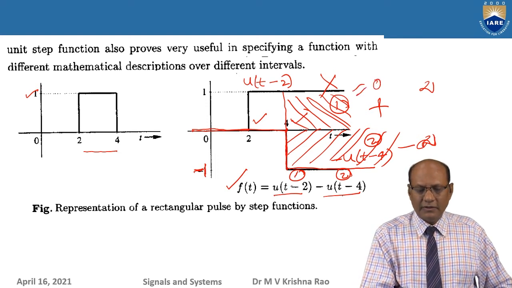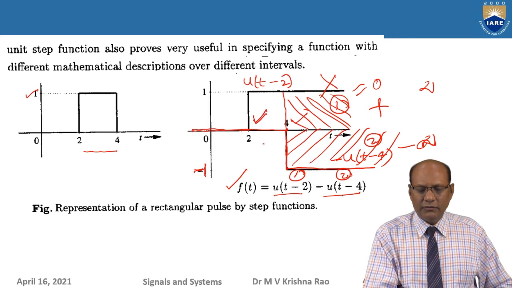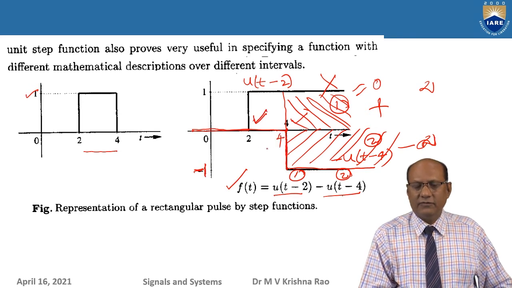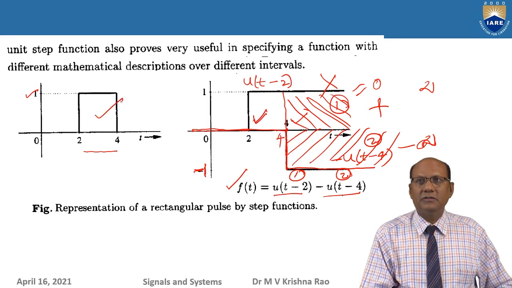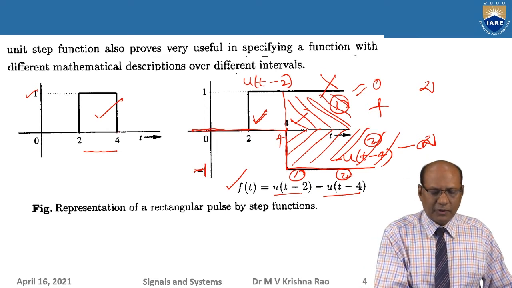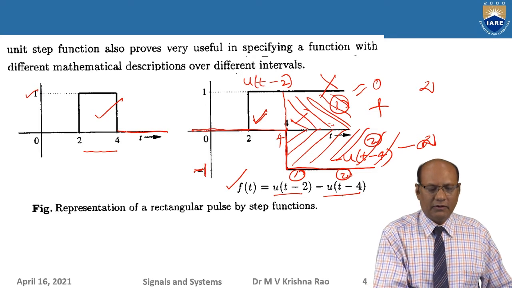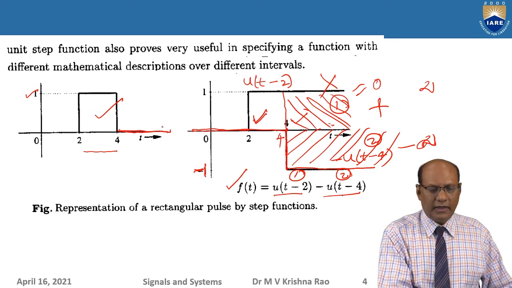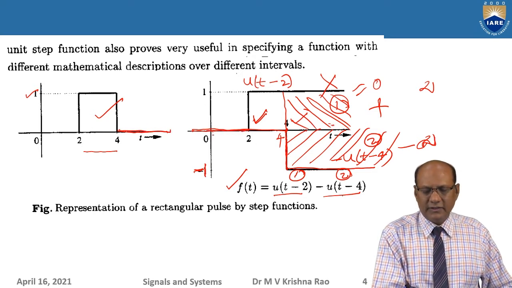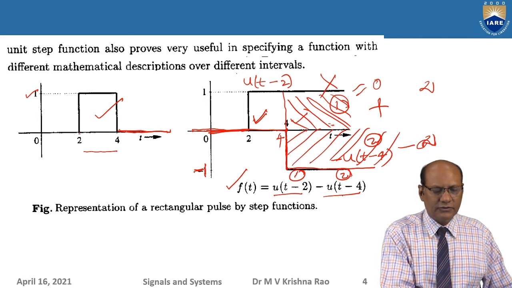The remaining portion is only between 2 and 4, a pulse kind of thing. So that is nothing but this pulse. All the area I have shown in the shaded form here becomes 0, and before this, anyway, it is 0.